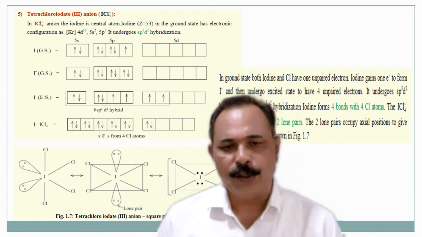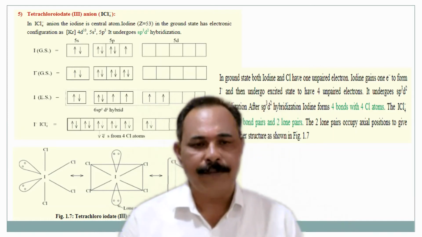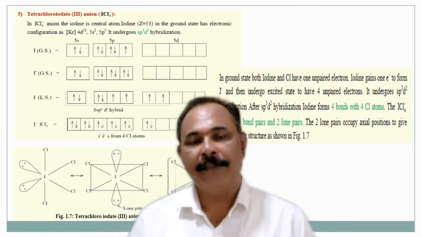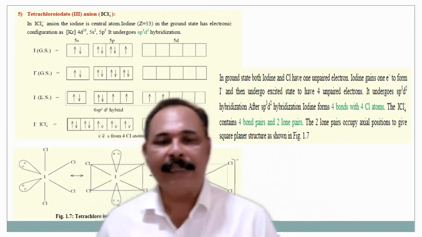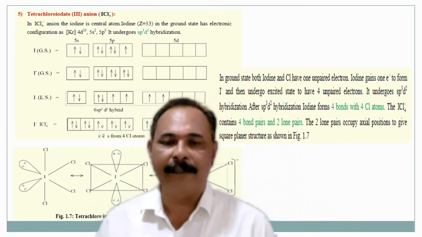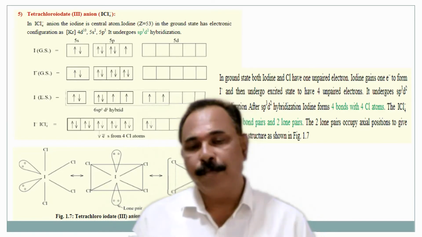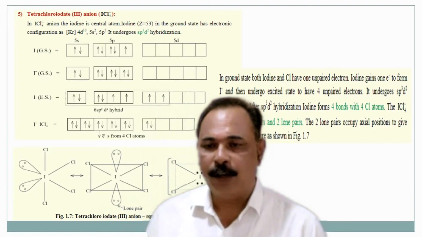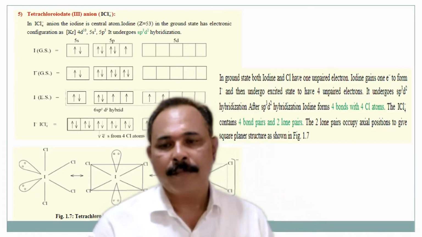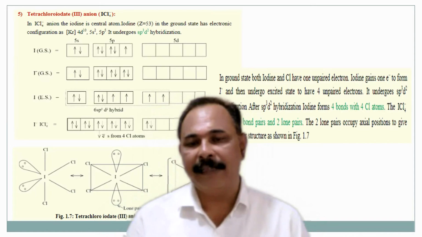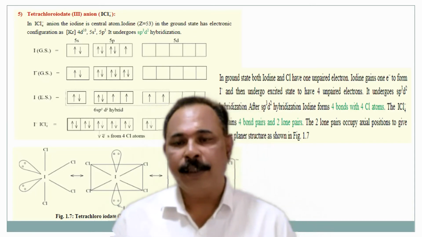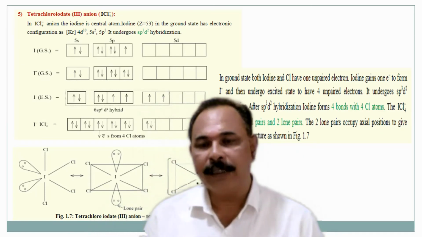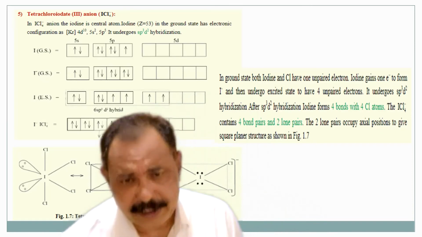You can observe on your screen the electronic configuration of iodine in the ground state, then in the excited state, then in the hybridized state. In the ground state, both iodine and chlorine have 1 unpaired electron, and that is why iodine gains 1 electron to form I minus, and then undergoes excitation to have 4 unpaired electrons, and it undergoes sp3d2 hybridization.